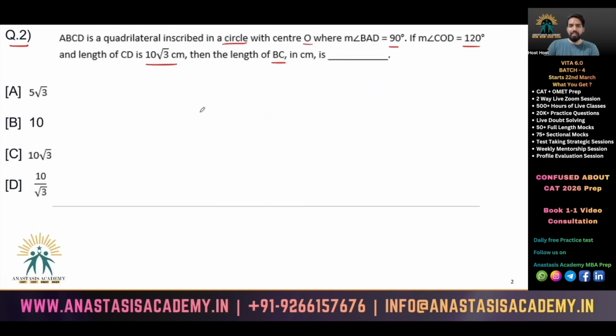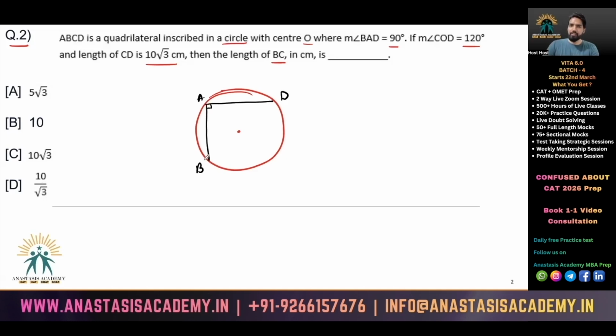Okay, so we have a circle, and inside this circle we have to draw a triangle, sorry, a quadrilateral. We are given one of the angles of this quadrilateral as 90 degrees, so I am trying to make this angle 90 degrees. This is BAD, because angle BAD is given as 90 degrees.